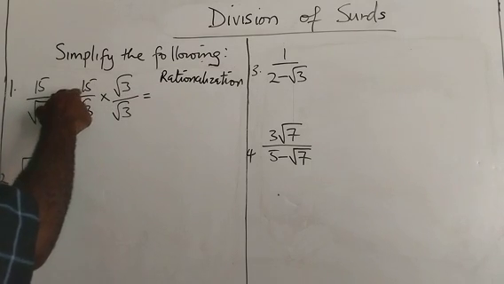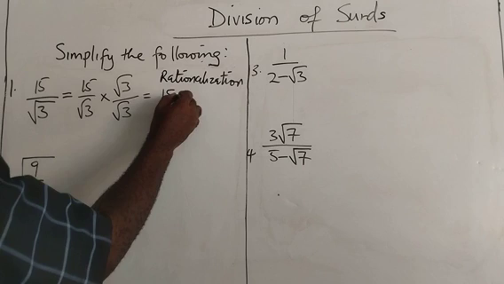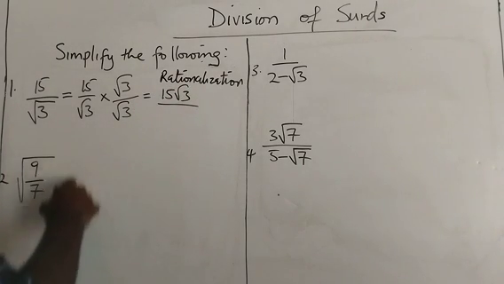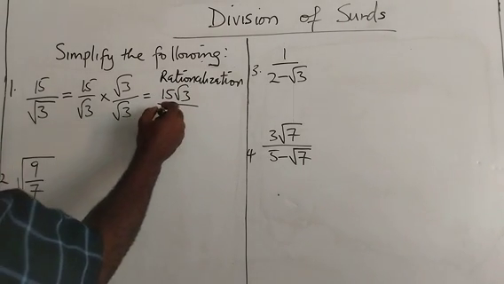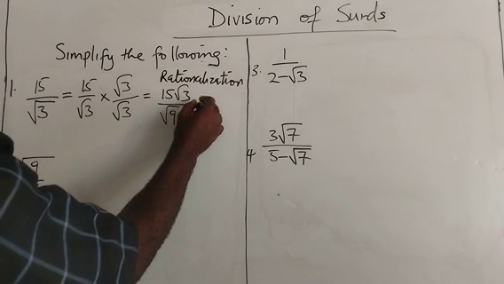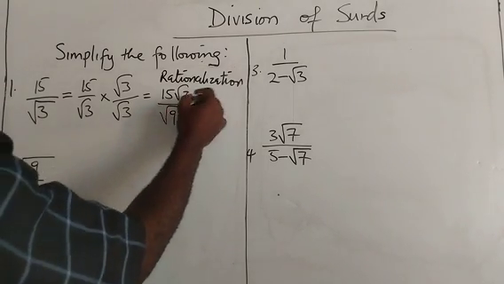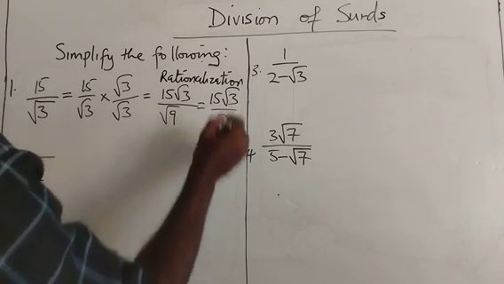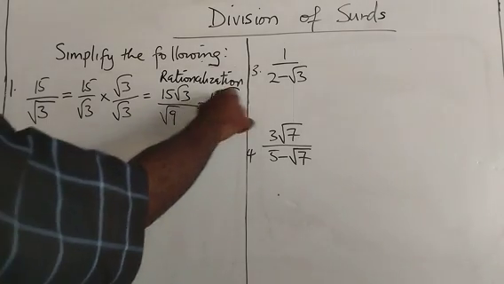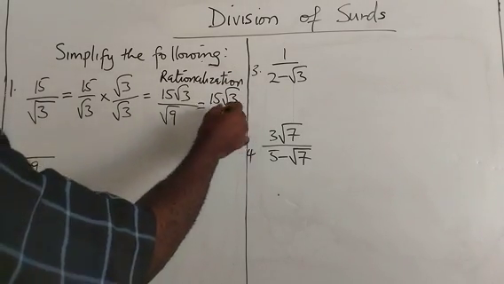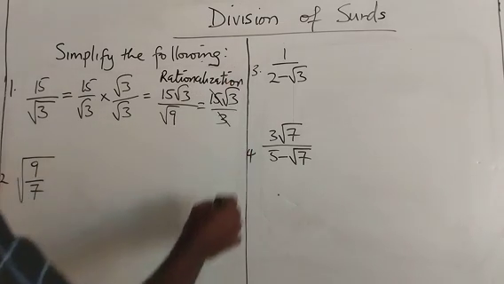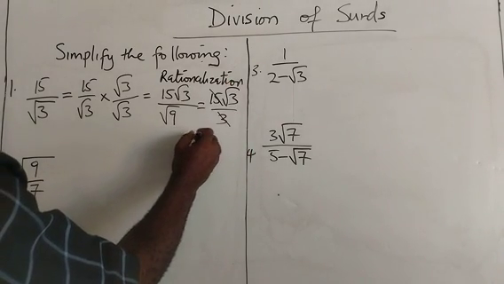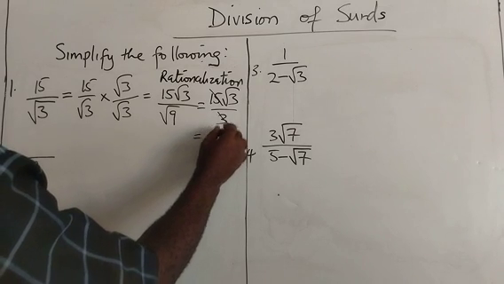If you do that, 15 times root 3 will give you 15 root 3 over root 3 times root 3 will give you 9. But 9 is a perfect square, so it will give you 15 root 3 over 3. Simplifying further, 3 can divide 15 to give you 5. So our final answer is 5 root 3.